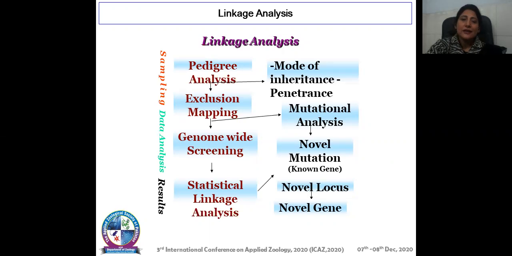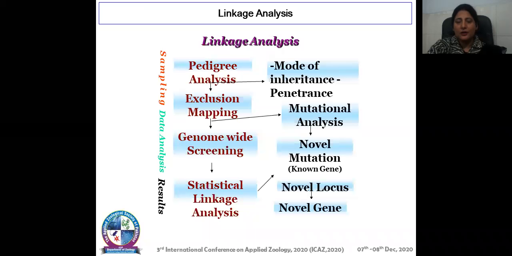If we don't see any linkage, then we go for genome-wide screening and statistical linkage analysis, which later again lead to novel mutations, novel loci, and at times novel genes. Nowadays, NGS has made this much easier than going through all these steps.